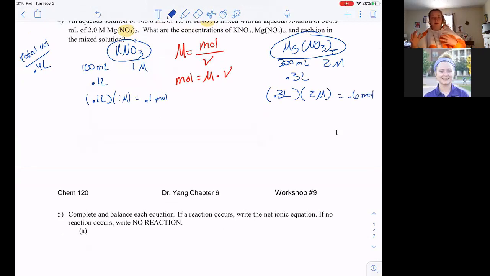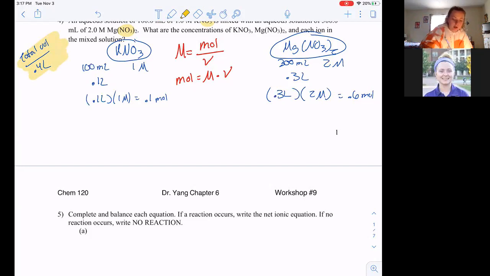So now we know how many moles of each compound we're adding into our new solution. Let's pretend we already added the liquid for the solution. We got the total liquid going on over here. We know what that is. But what's the concentration of our moles going to be when we put it into this liquid that we've added all together?